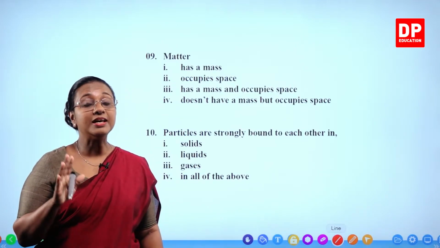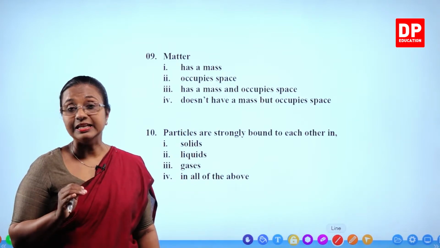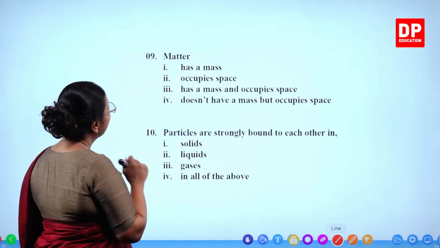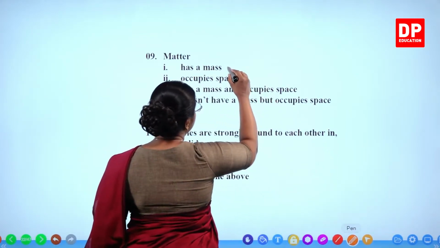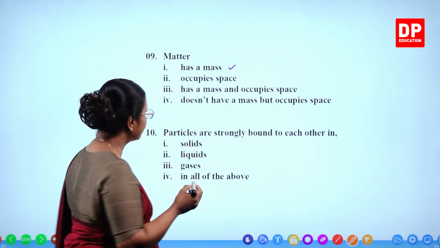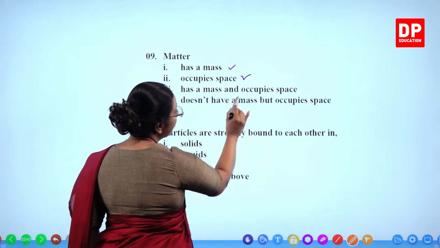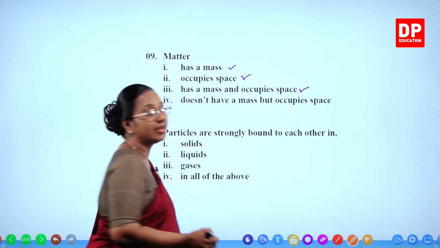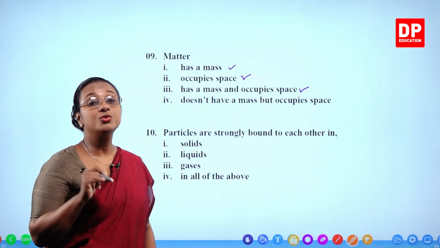And all matter is discontinuous in nature, or what we say as particulate in nature. Now, matter has a mass. That is correct, no? Matter has a mass. Then matter occupies space. That is also correct. Then matter has a mass and occupies space. That is also correct. Now, this is where you need to select the most suitable answer.